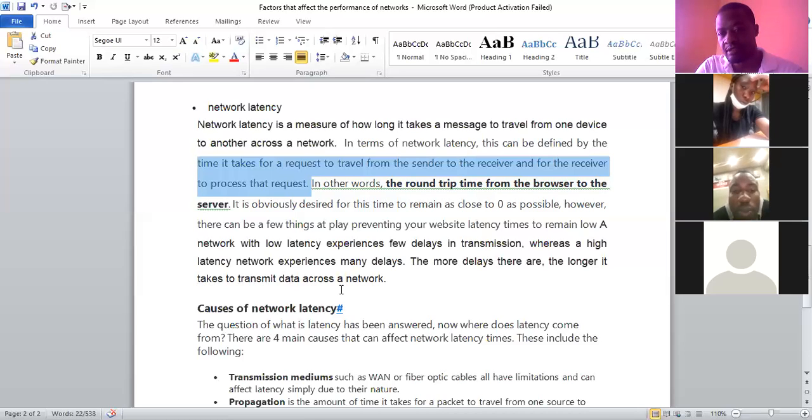No, it's because it's saying that it's how long it takes the message to travel from one place to another. That's the reason I'm asking you that. So is Bluetooth involved in this kind of network latency?